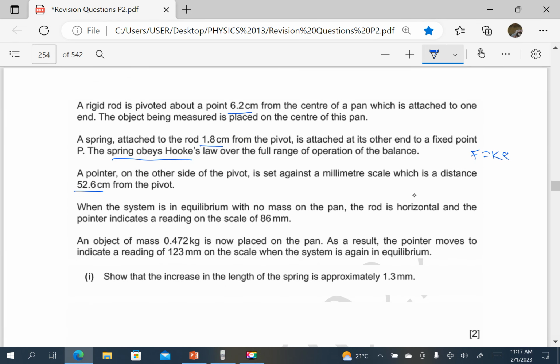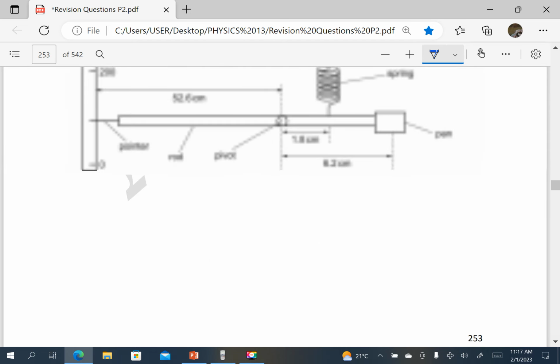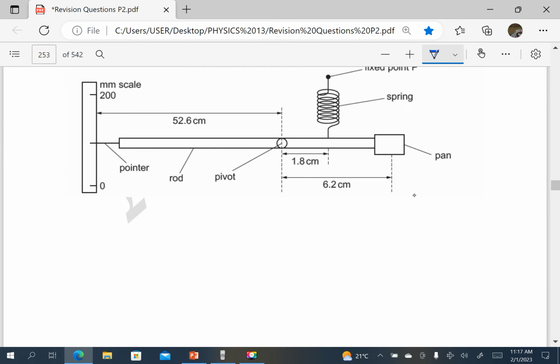When the system is in equilibrium with no mass on the pan, the rod is horizontal and the pointer indicates on the scale 86 millimeters.